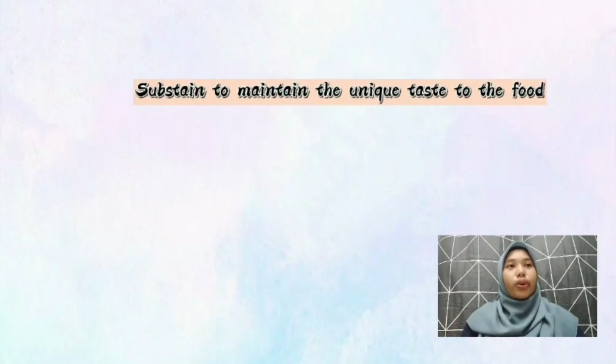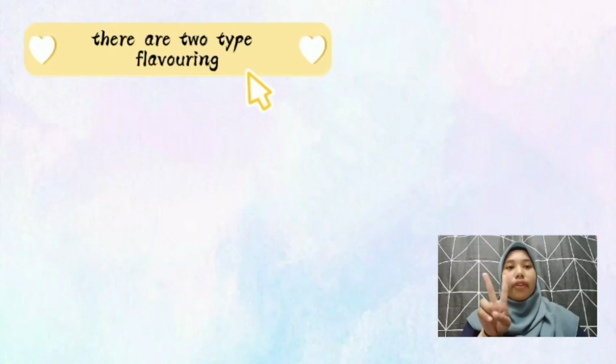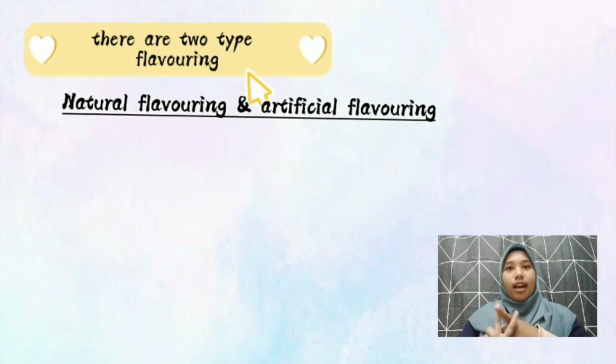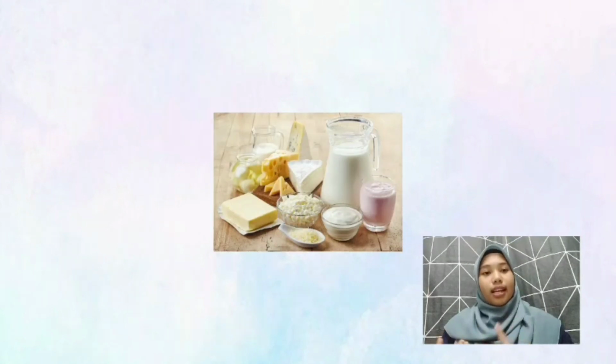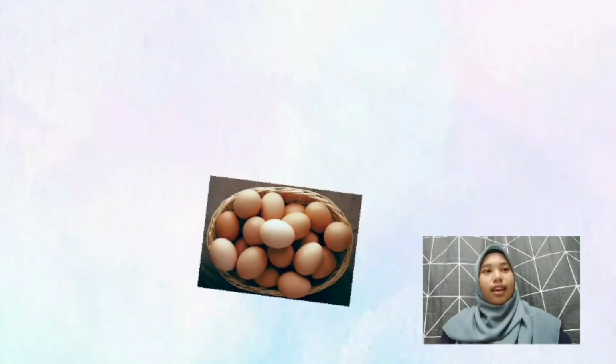Next is flavoring. Flavoring substances are used to maintain the unique taste of the food. There are 2 types of flavoring, which are natural and artificial. Natural flavoring substances are made from plant and animal. For example, herb, fruit juice, dairy product, eggs, and anything that comes from plant and animal.